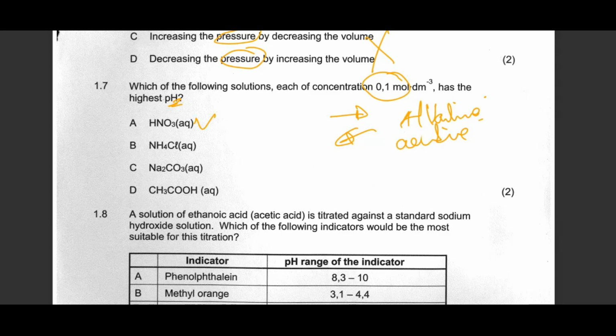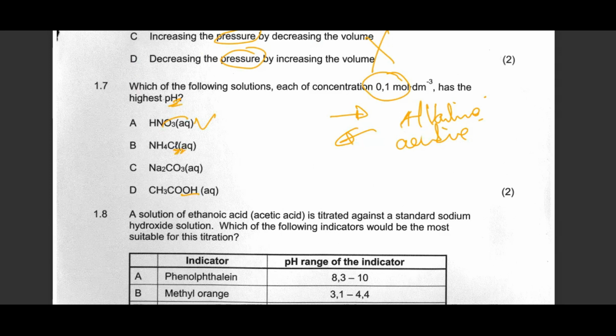So if you look at nitric acid, ammonium chloride, sodium carbonate, and then ethanoic acid, these are acids, but they are weak acids. This is a salt.